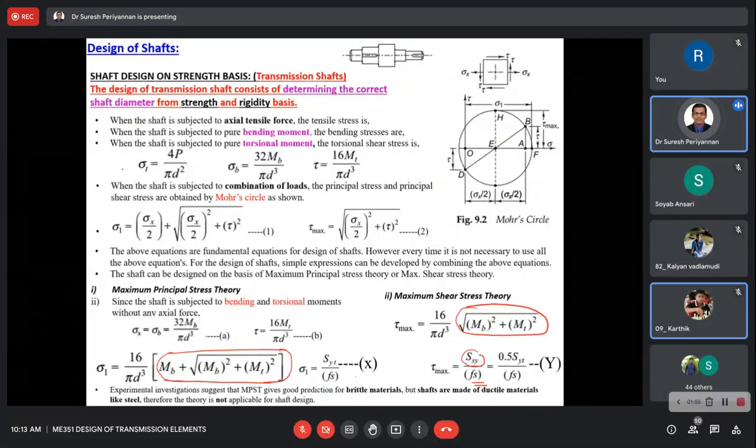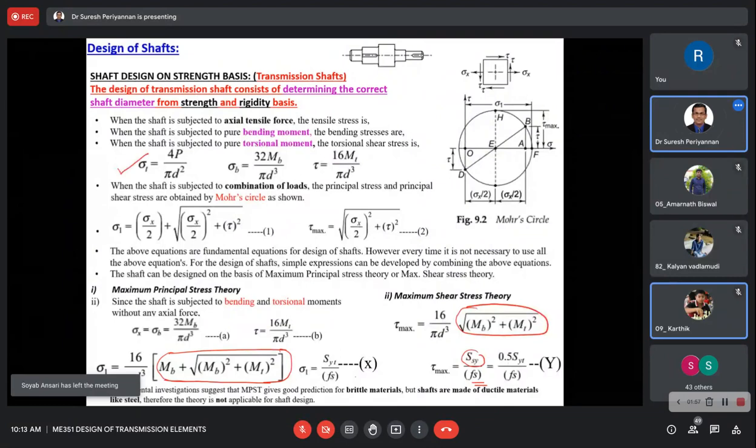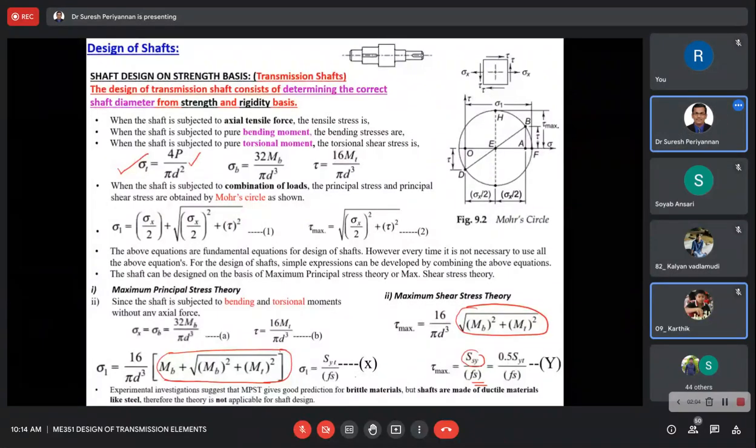Now, the shaft is subjected to tensile load, static load: sigma t is equal to 4P by pi d squared. From this we are able to find the diameter of the shaft. When the shaft is only subjected to pure bending, we use this formula for finding the diameter of the shaft.